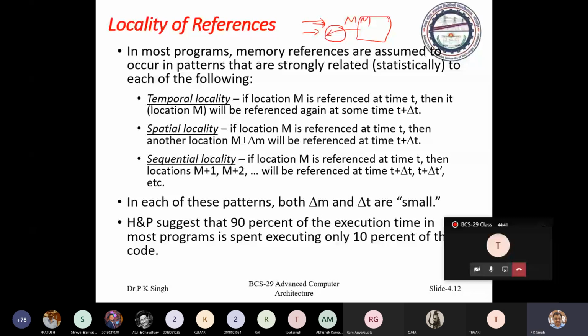If the reference generated by the processor is available in the cache, then that is called a hit. If the reference generated by the processor is not available in the cache, then that is called a miss.